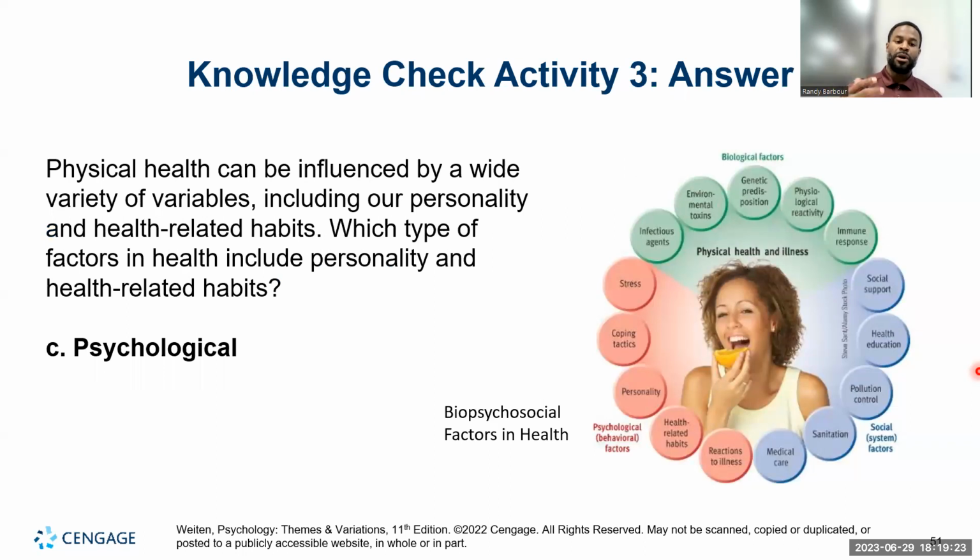So again, our personality is really psychological, the way we think. And those variables are related. Our health-related habits are related to, again, the psychosocial or the psychological, right? So those are kind of our determinants of health. And the psychological is a big part of how we manage our health, our physical health response, and our mental health as well.